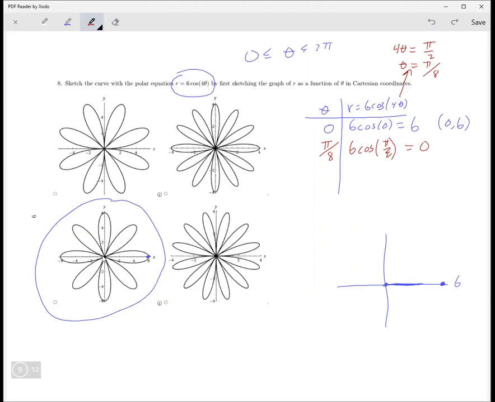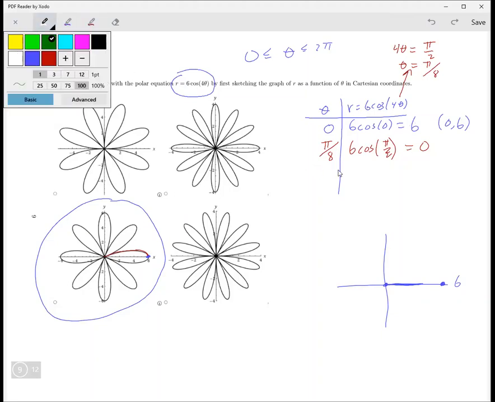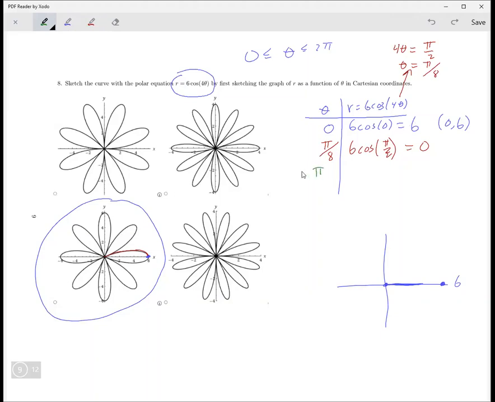And going from 0, an angle goes from 0 to pi over 8, which is maybe like right here. You're going from 6 all the way down to 0. And then if we choose another one, 2 pi over 8, which is pi over 4, you multiply that by 4 and you get cosine pi, which is -6.